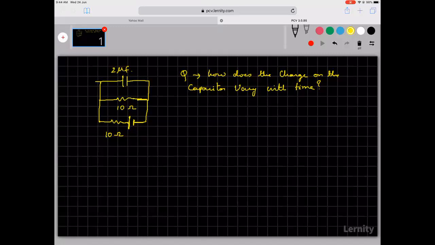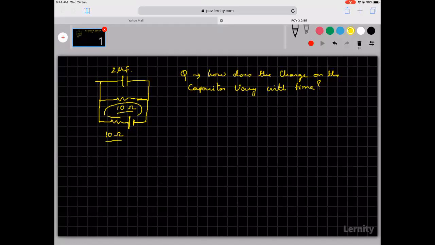So here is a circuit. In this circuit, there are two resistors, 10 ohms, 10 ohms, and then there is a capacitor. The way we understand this circuit is that charge will definitely get deposited on the capacitor, but there is an alternative route for the current, so there will always be a current.